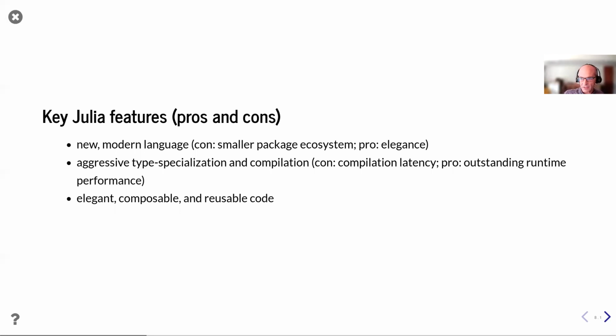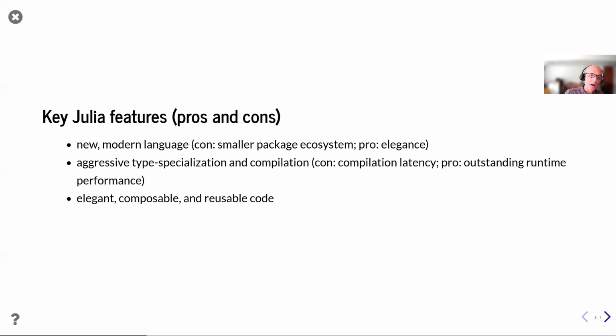And you may have to decide whether you want to write that yourself or go use a language that someone else has done something analogous in before. There's obviously a huge plus to having a new modern language. In addition to the performance, which I'll demonstrate in a little bit, it's also just very, very elegant and has many user advantages for that reason.